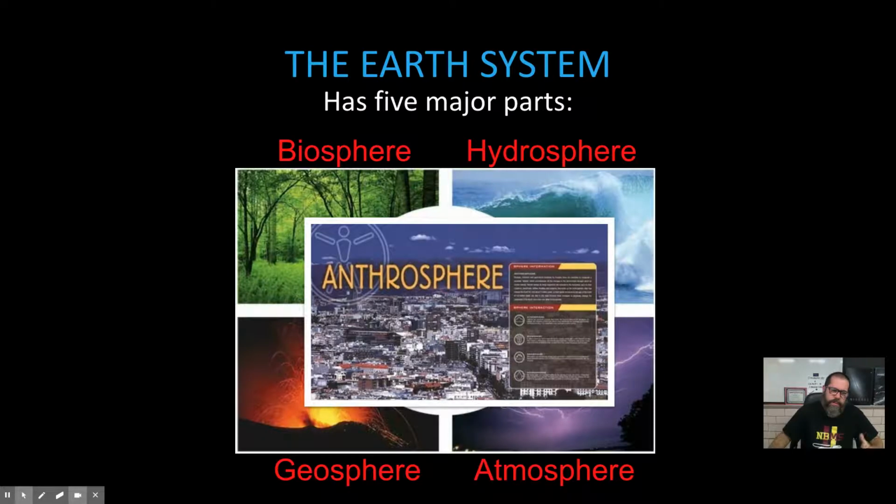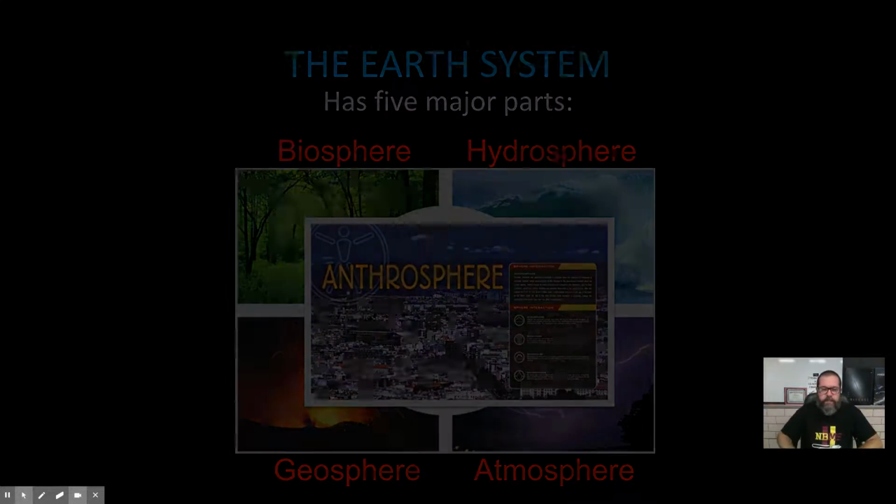So let's run through these quickly so that you can get a good idea of what's contained within each one. And also, I think I'll be giving you some examples here of some interactions between these systems.